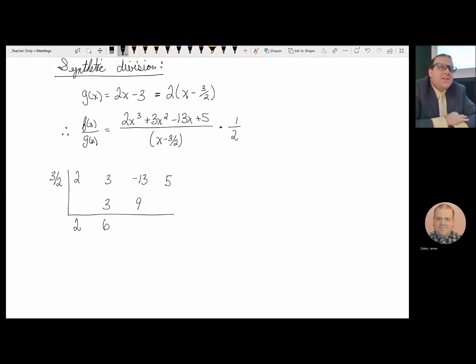Add it to negative 13. Multiply it by 3 halves.